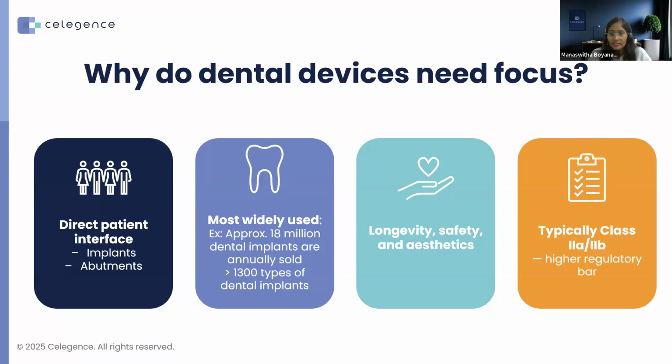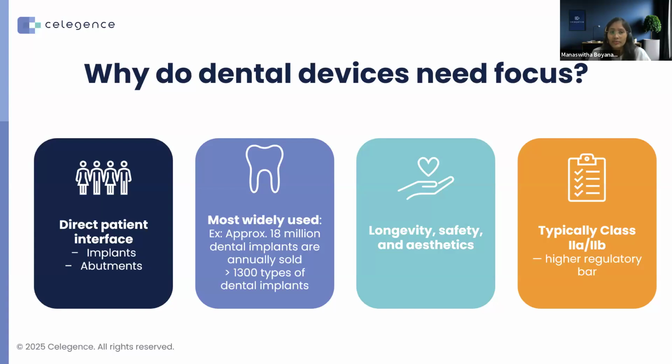So let us start by addressing a question that is central to this entire session. Why dental devices? Within dentistry, medical devices come with many materials and applications. They have direct patient interface, which means, for example, dental devices, particularly implants and abutments, directly interact with human tissue. They integrate into the bone, gingiva, soft tissues, and in many cases, they stay in the body permanently.